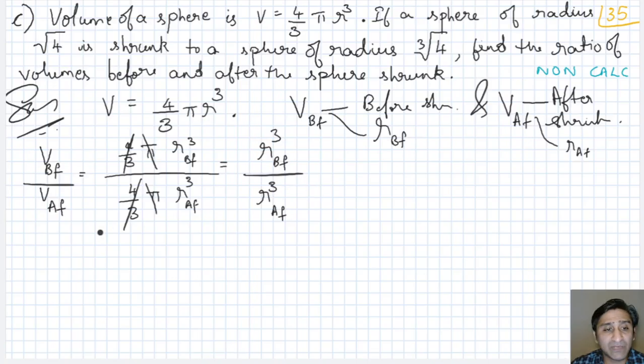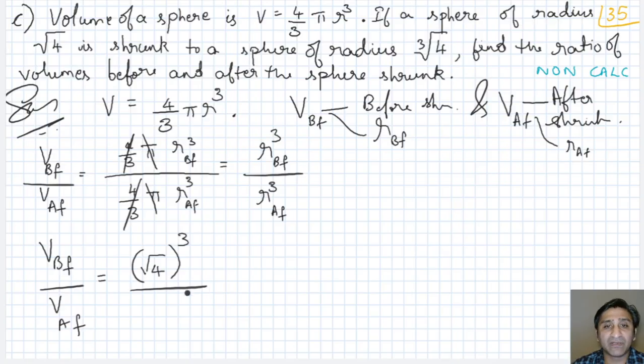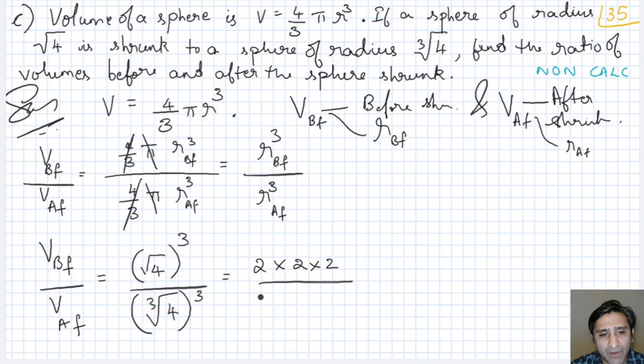As simple as this. So V_BF by V_AF is quite simply, what is your radius before shrinking? Radius before shrinking is square root of 4, to the power of 3, and radius after shrinking is cube root of 4 to the power of 3. Right, wonderful. So what are we going to get? We're going to get 2 times 2 times 2 divided by 4.